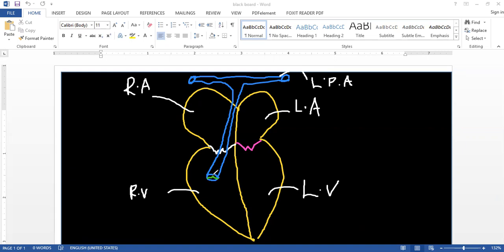We can call this one the semilunar valve.